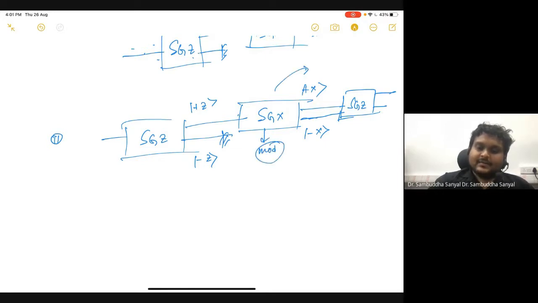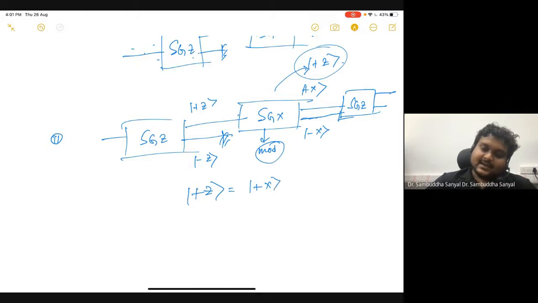Or if it is a modified device, then what comes out of there is a plus Z. So that means there are two ways to add this plus X and minus X. One is the probability way, another is the amplitude way. The amplitude way says that plus Z is a combination of plus X and minus X in a different way from the probability way.